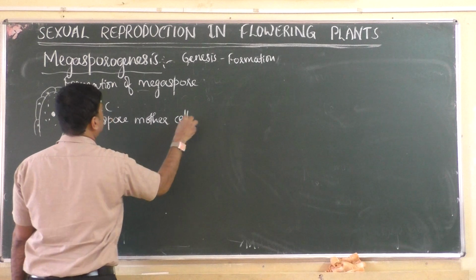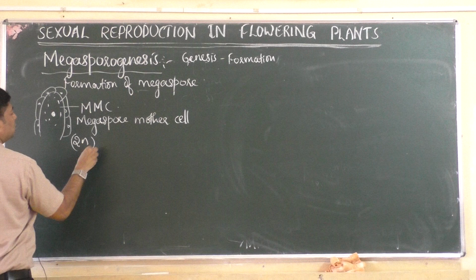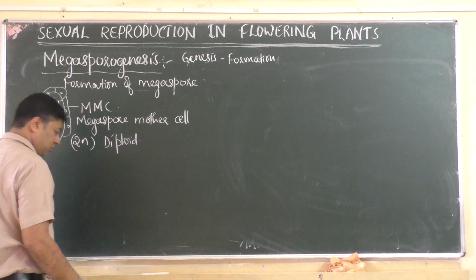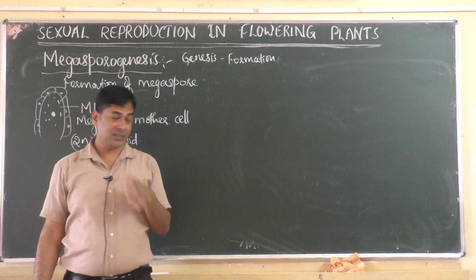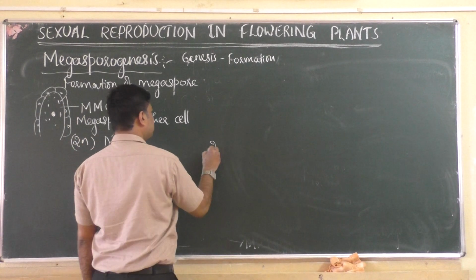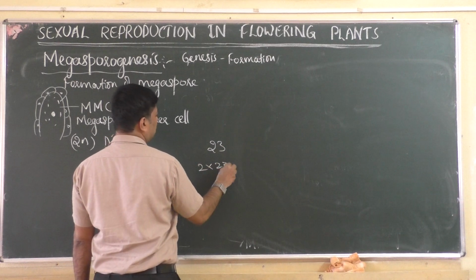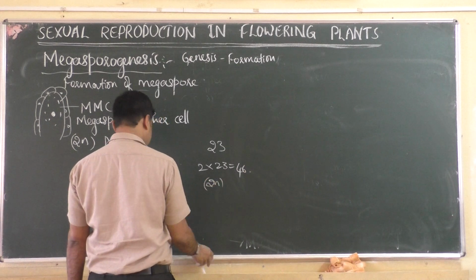The number of chromosomes present will be diploid, 2n. Like you already know, in human beings every cell has 46 chromosomes. We write one set of chromosomes as 23, so 2n means 2 into 23, totally 46 chromosomes. We call this diploid.